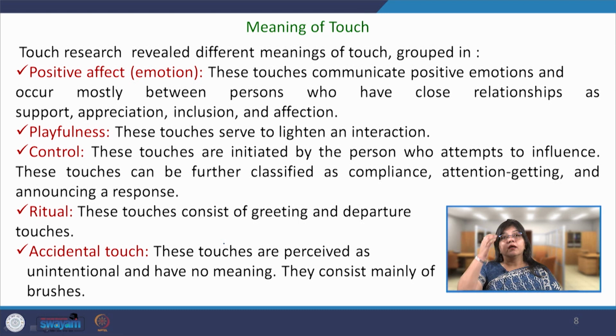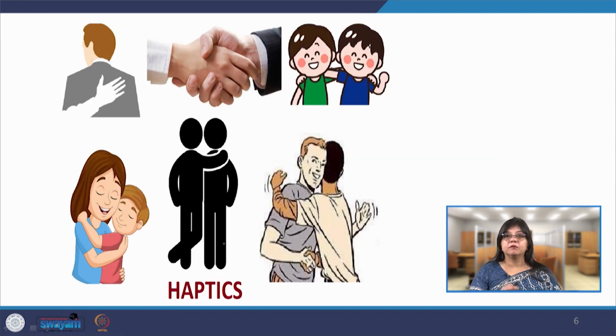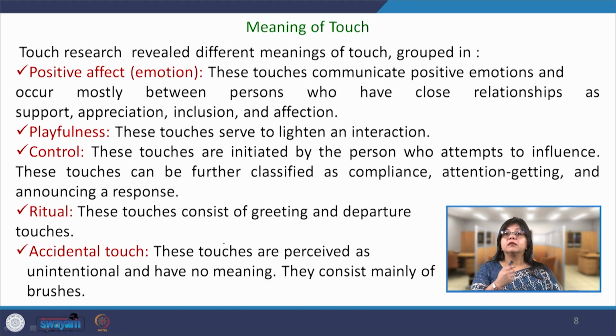For instance, when we talk about positive emotion, these touches communicate positive emotions and occur mostly between people who have a close relationship. So, here if I go about this diagram, this picture, then these touches can easily identify the quality of relationship between two people who are very close to each other. Playfulness, this touch serves to lighten an interaction.